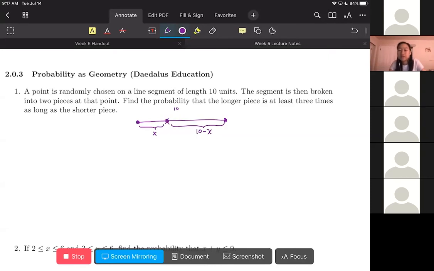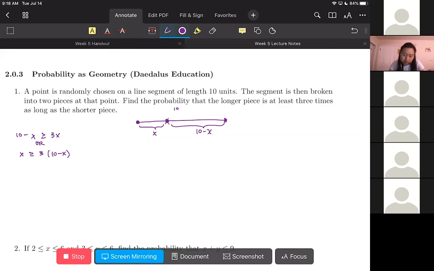And so if we want to express algebraically that the longer piece is at least 3 times as long as the shorter piece, then that would happen if 10 minus x is the longer piece, and it's at least 3 times x. Or maybe x is the longest one, and that means x is at least 3 times 10 minus x. So either of these would result in the longer piece being at least 3 times as long as the shorter piece.